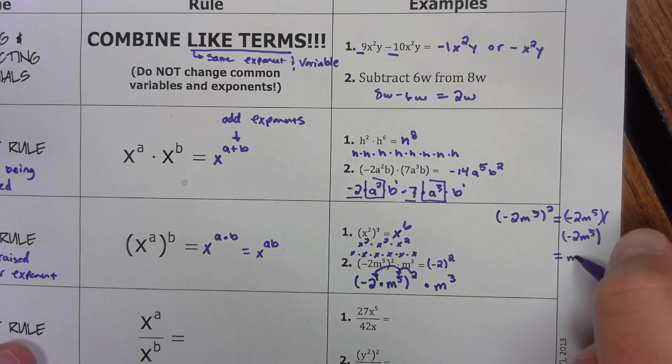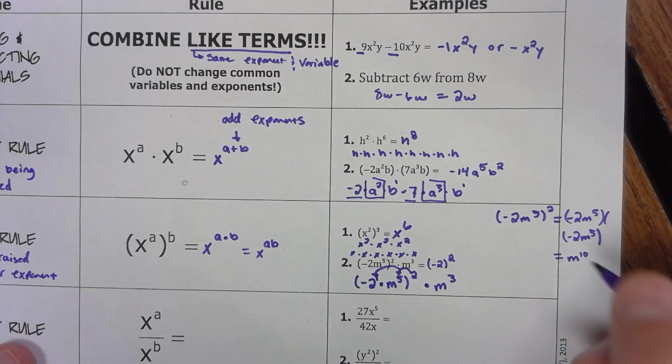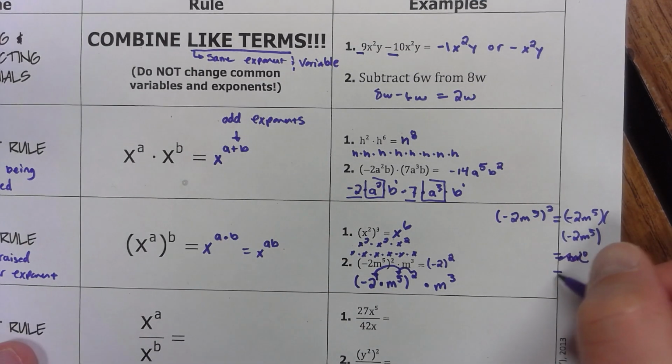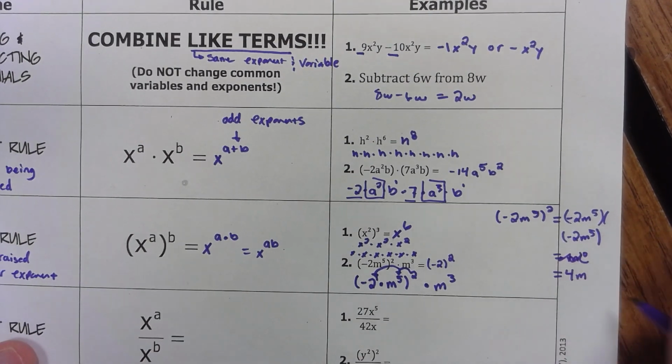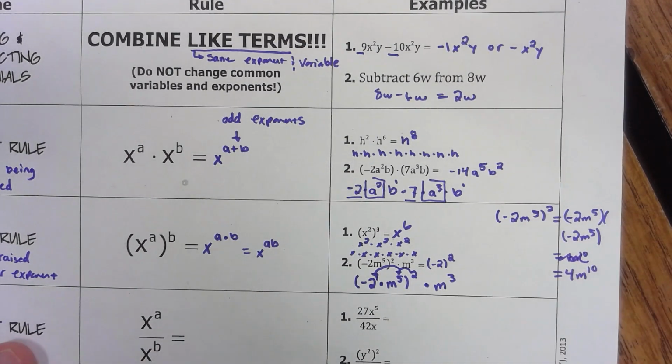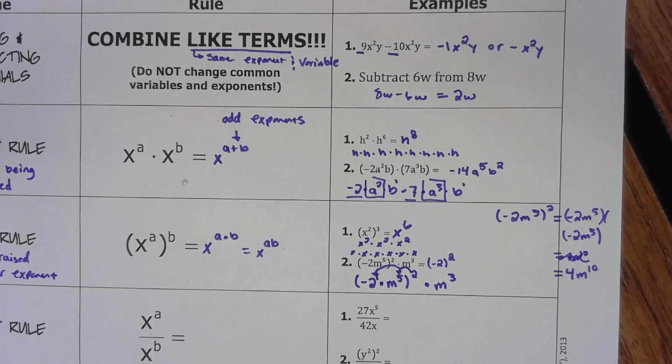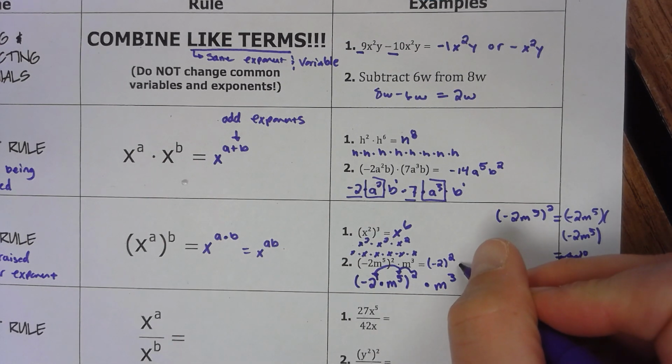I add those exponents to get m to the 10th. Okay, so this is positive 4 m to the 10th. And it's positive because of the -2 squared being -2 times -2. Okay, so now back to the actual expression here. I have -2 to the power of 2 times m to the power of 5.